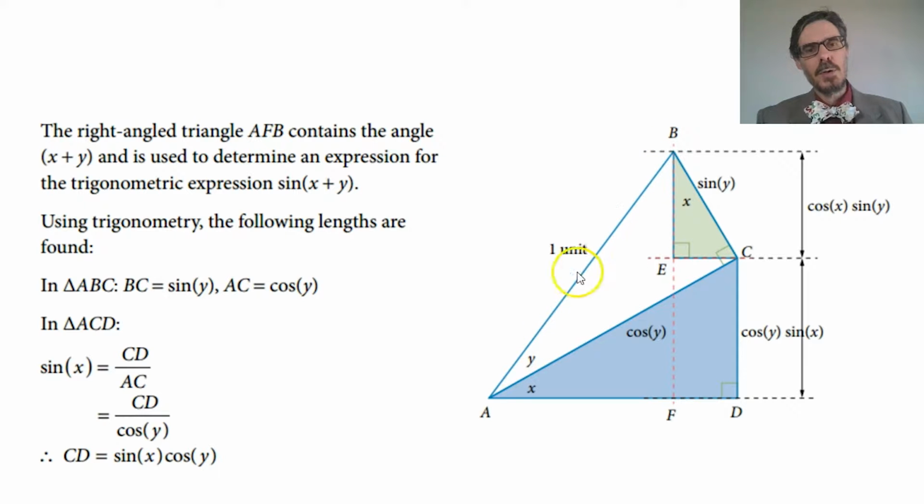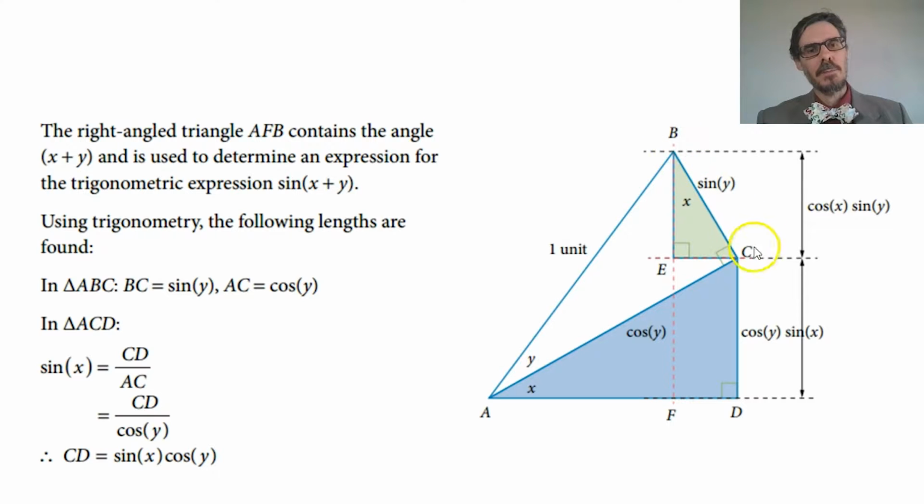Well, if the hypotenuse is 1, then the sine of x plus y is equal to this total length, BF, over 1. But what's this total length here? Well, it's got two parts. First, we want to work out this one.